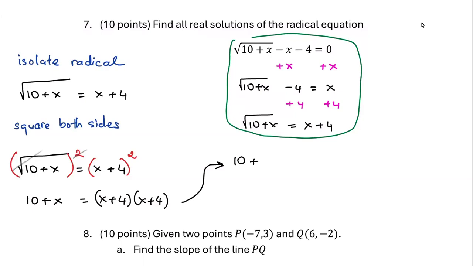So 10 plus x equals x squared plus 8x plus 16 after foiling. Combine like terms. Move the x, move the 10. So subtracting x. Subtracting 10.